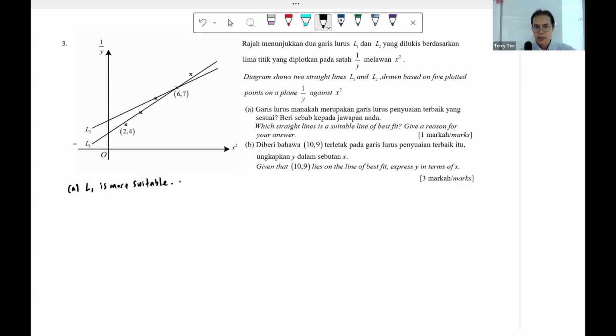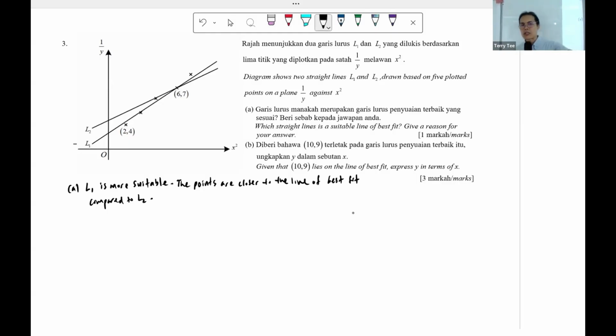You can say the points are closer to the line of best fit compared to L2.